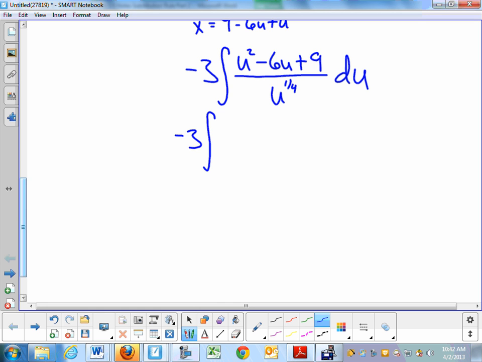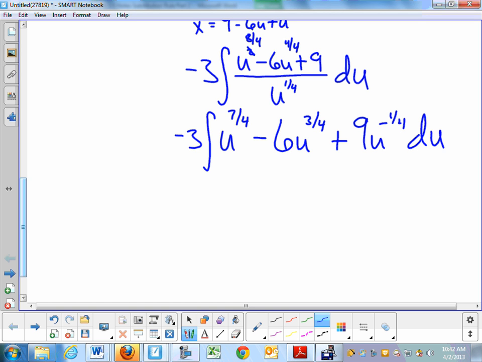Instead of u squared, that would be 8 over 4. So u to the 8 over 4 divided by u to the 1/4 is u to the 7 over 4. Minus 6u to the 4/4 would be 6u to the 3/4, plus 9u to the negative 1/4 du.